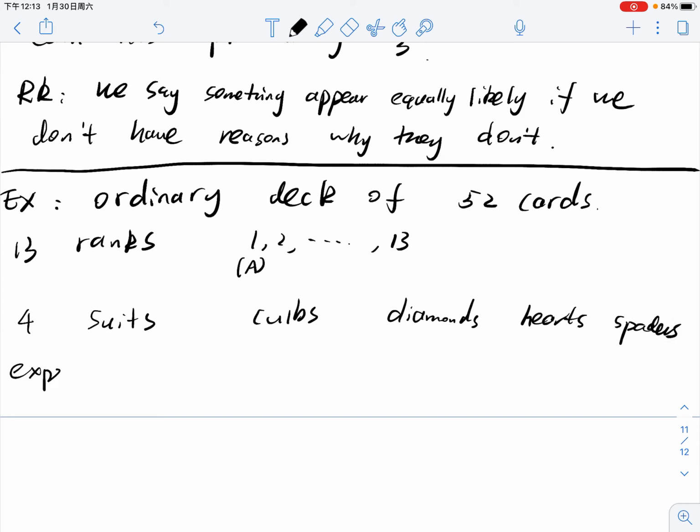And the experiment E is drawing a card at random.